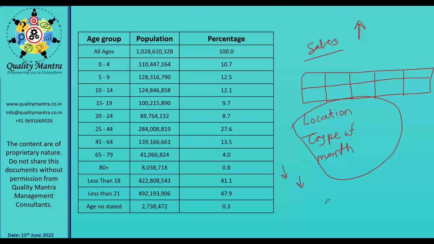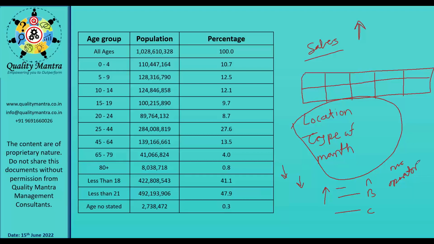Now if I just tell you that okay, you need to improve the production, you need to have the data, shift wise data should be there with you. In which shift is the production more, in which shift is it less, that data you should be having. Whether there is a problem with the B shift, whether there is a problem with the A shift or C shift, then machine wise data should be there, operator wise data should be there. Is there any issue with the operators?